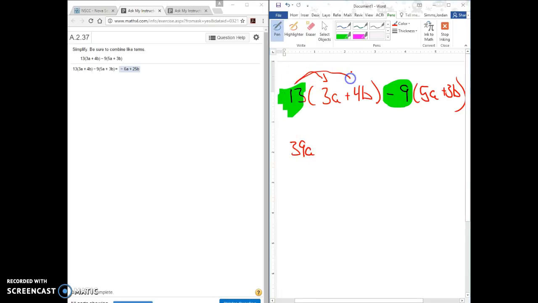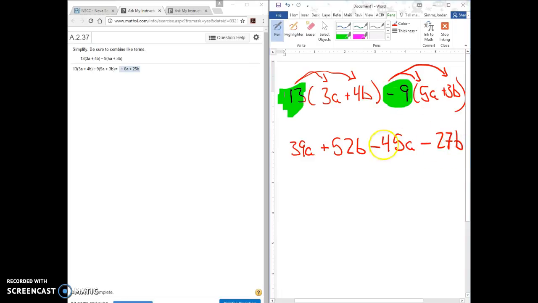And then 13 times positive 4 is going to be positive 52b. 13 times 4, let me check it, because it's early and I haven't completely consumed my coffee yet. Yes, it is 52b. Next one now, negative 9 times 5, that's going to be negative 45a. And then we have negative 9 times 3, which is going to be negative 27b.